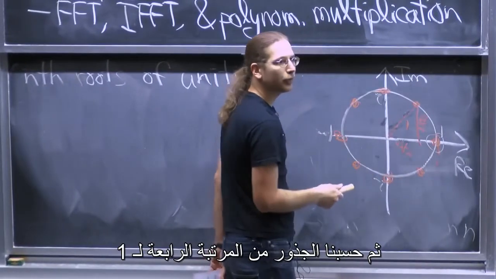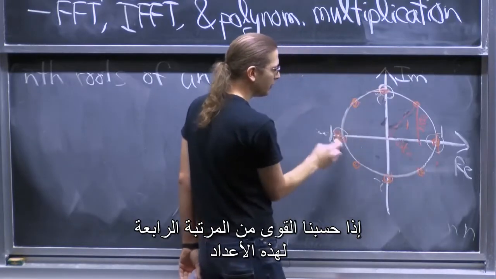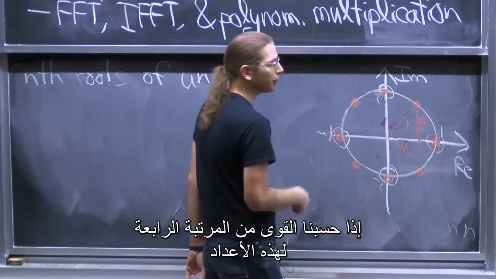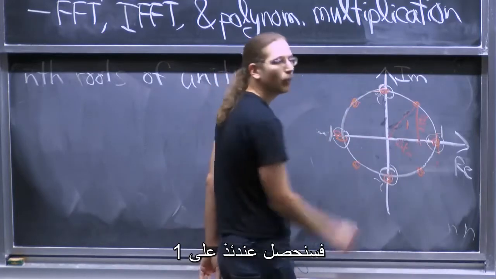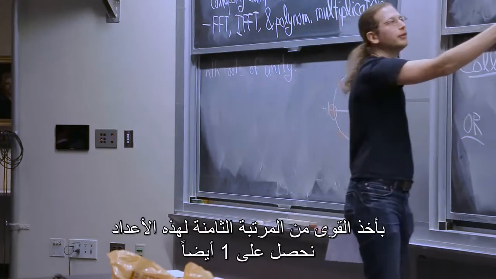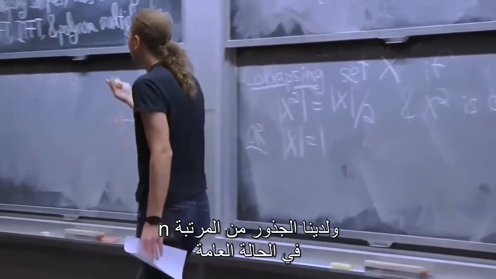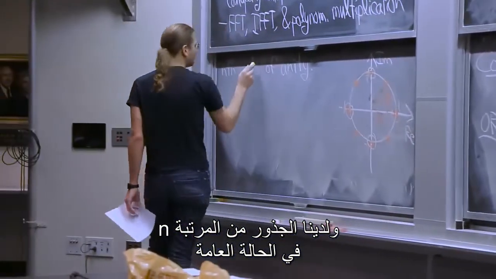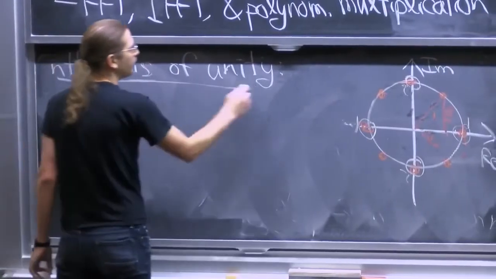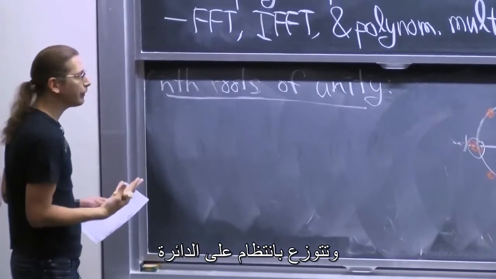Then we computed the fourth roots of 1. All of these numbers, if you take the fourth power, you get 1. Then we computed the eighth roots of 1. All of these numbers, if you take the eighth power, you get 1 again. So in general, nth roots of unity. We're going to assume n is a power of 2, but this notion actually makes sense for any n. And they're just uniformly spaced around the circle.